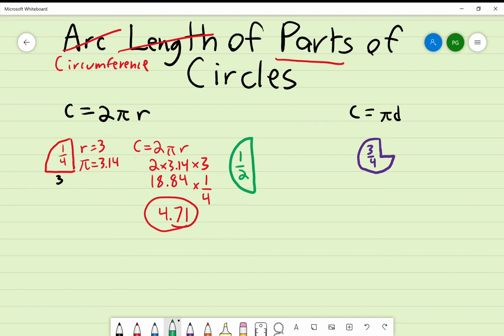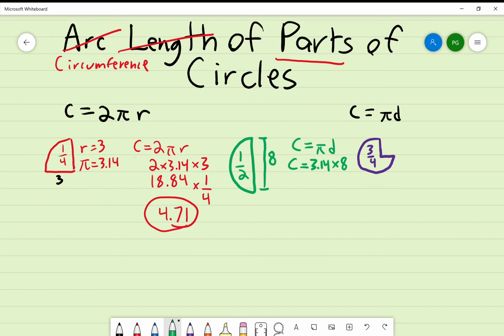All right, let's move on to the second example. Let's say I tell you that this length right here is going to be 8. This length is a diameter, not a radius. So I'm going to do circumference equals pi times diameter. Circumference equals pi, which is 3.14, times the diameter, which is 8.